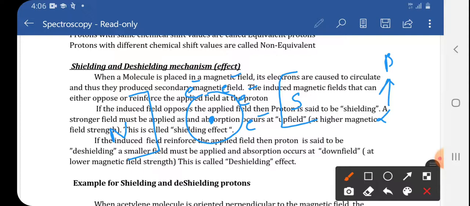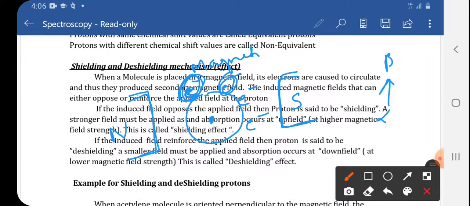But here, due to this external magnetic field, these electrons create a secondary magnetic field. This is the magnetic field.